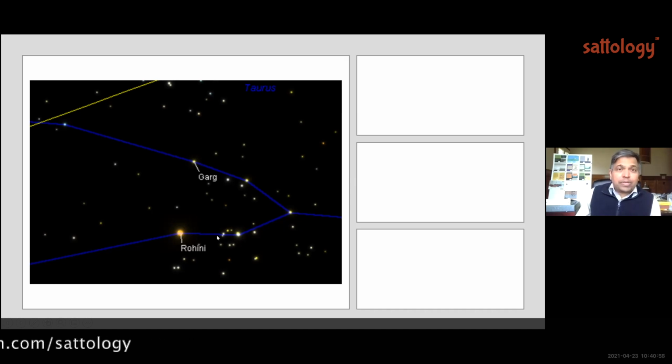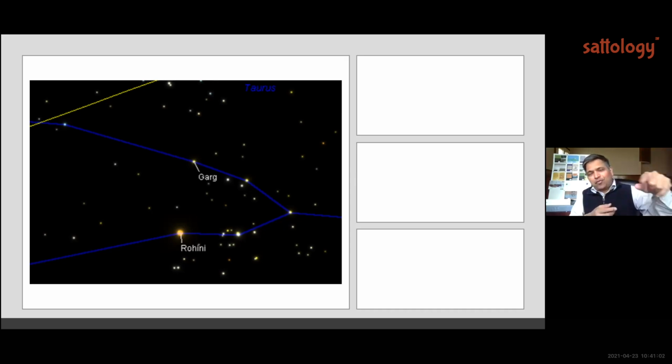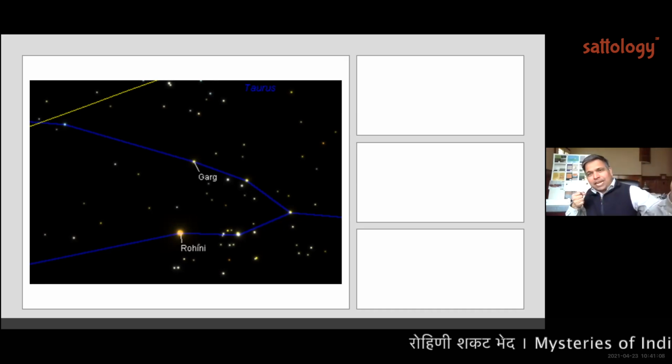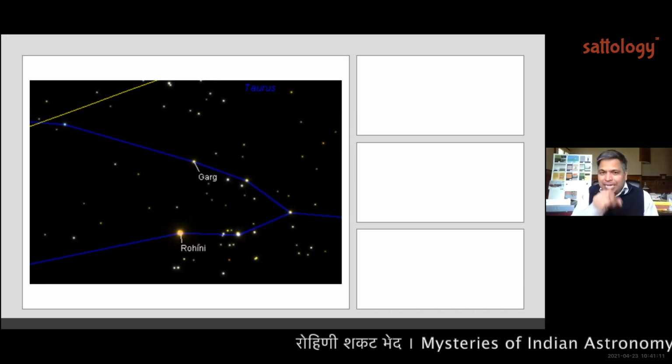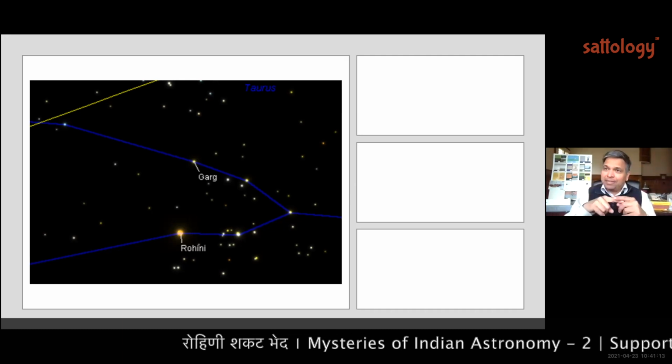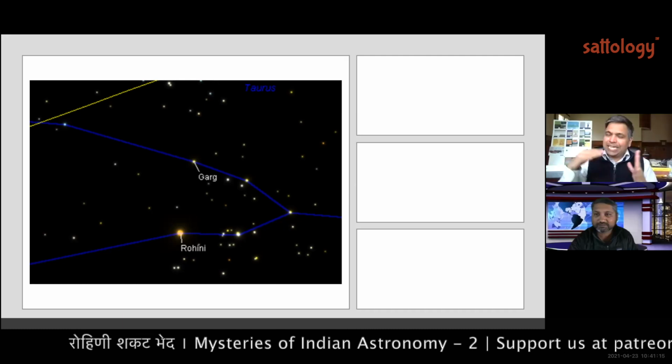If that happens, it is called Rohini Shakata Bhed. Think of Aditya, your book of yesterday, one arrow, one kill. So imagine the Mars or the Saturn is coming like an arrow and hitting this Shakata. Bheda, Cheda, Bheda. It is hitting it.